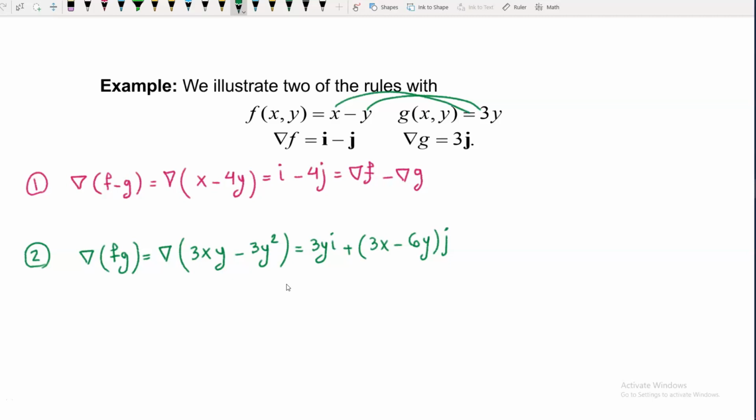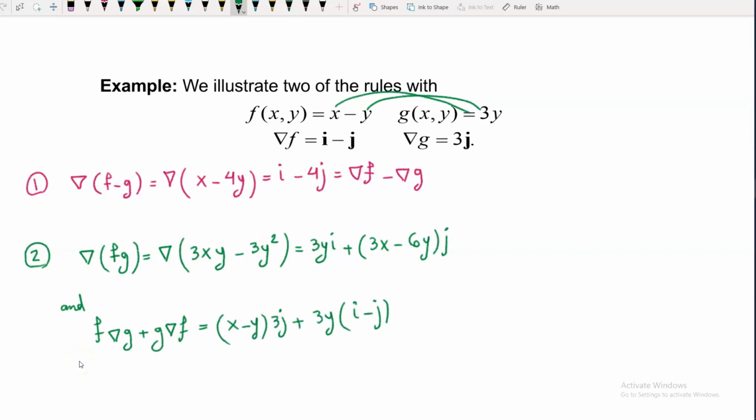So here the first part that we have is partial derivative of f with respect to x, and that is 3y, and then multiplied by i plus partial derivative of f with respect to y. So here we have 3x minus 2 times 3, so here we have 6y times j.